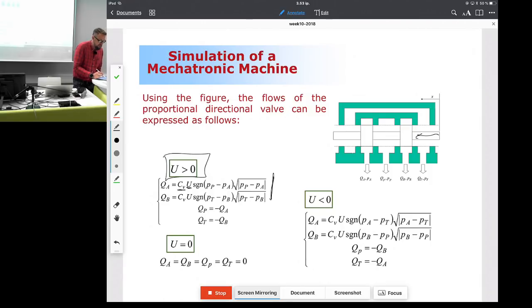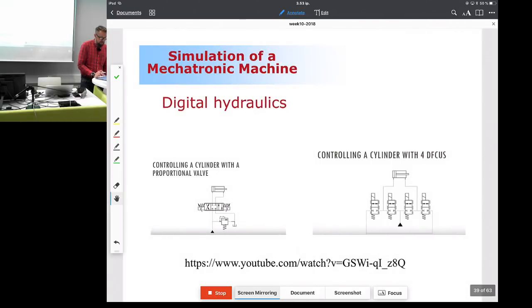So when it's going this direction, it is actually connecting B to A and tank to B. When it's 0, I'm assuming that there's no flow whatsoever. When it is negative, then A is connected to tank, B is connected to the pressure source, and so on. So those are the equations that I needed in order to describe the direction valve.